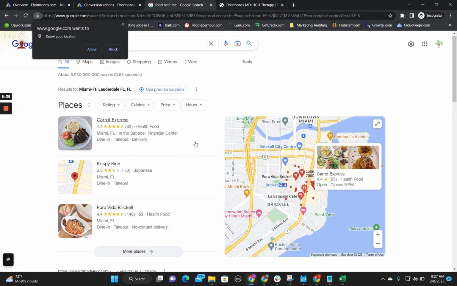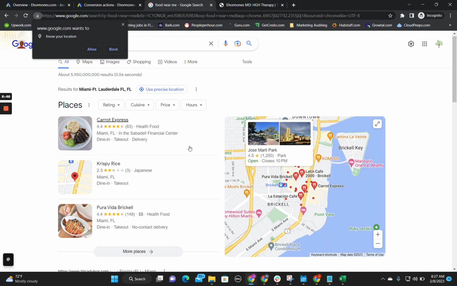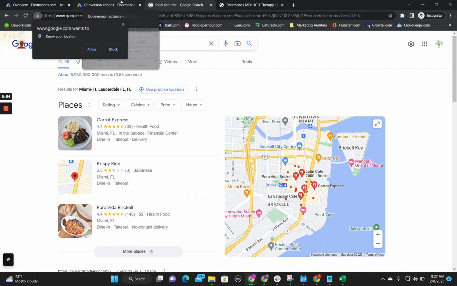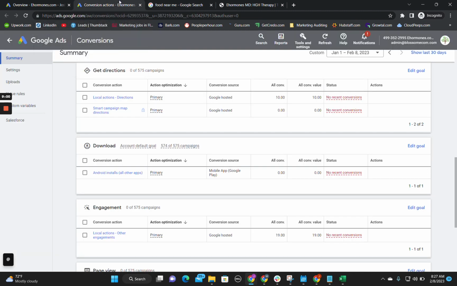I'm on my desktop, so that's why we're seeing a little bit different results. But if you Googled this on your phone, you would see a little blue button here that says directions, and that means someone clicked on that, and they had to drive a percentage of the way. Usually Google hosted automatically makes it 80% of the way. There are discrepancies in data, but about 80% of the time, if you see, say, 100 directions, about 80 people usually ended up there, if you want a good rule of thumb.